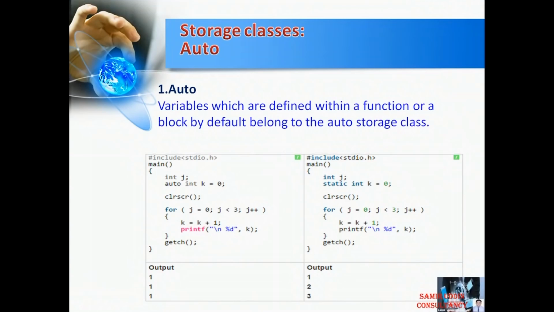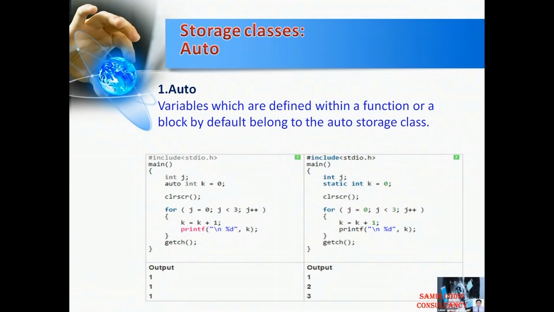So, let's discuss the auto keyword. These variables are also called local variables because these are local to the function, and by default they have some garbage value.